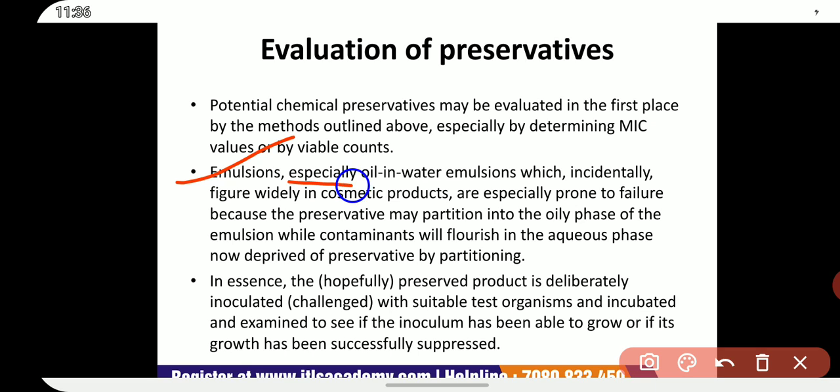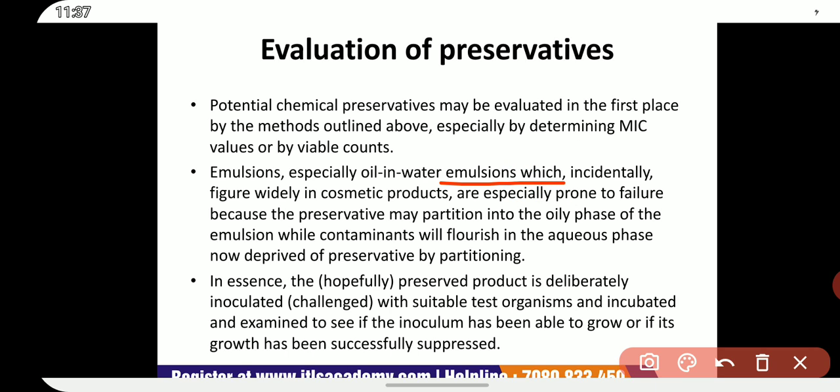Emulsions, especially oil in water, are a particular concern.